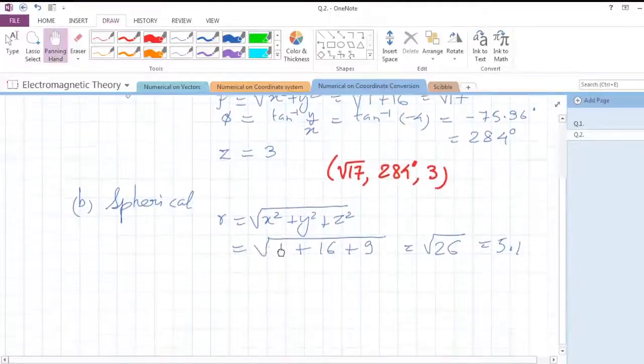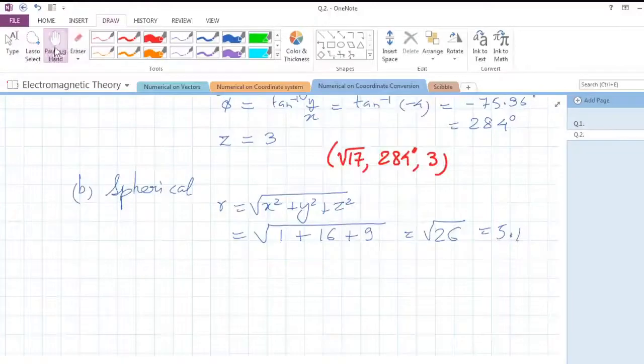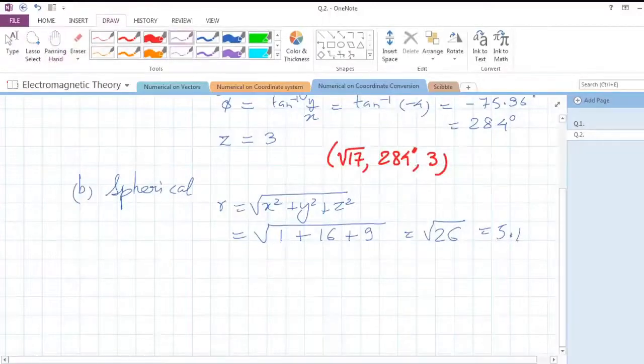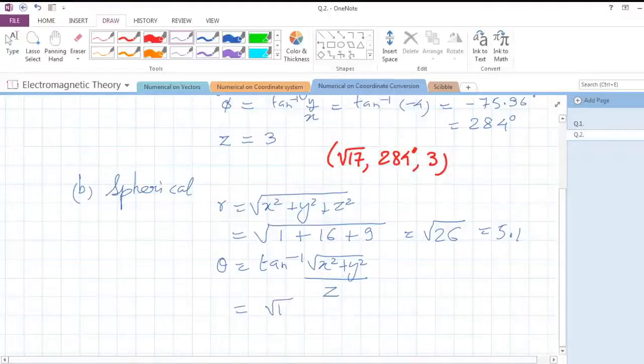And what is the next coordinate? Next dimension for spherical coordinate system is theta, and theta is tan inverse of under root of x square plus y square, divided by z. To solve this, under root of x square plus y square we have already solved in the previous part, A part. So it was under root 17 as you know, and z is 3.